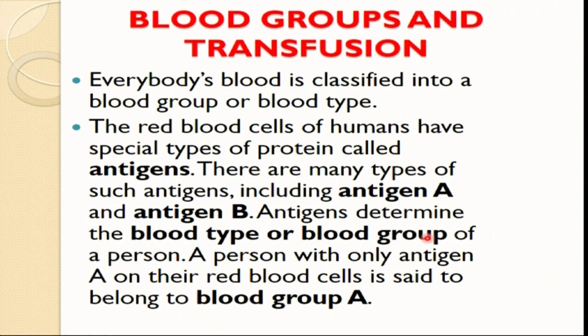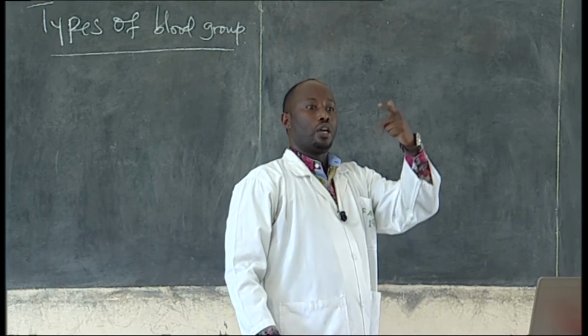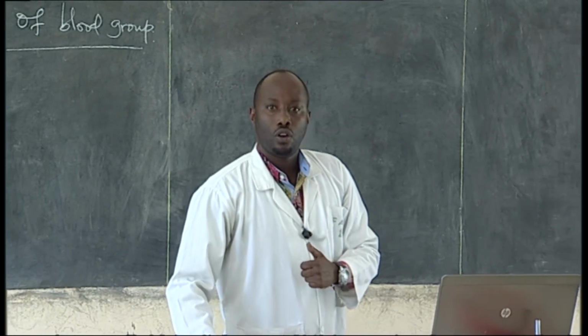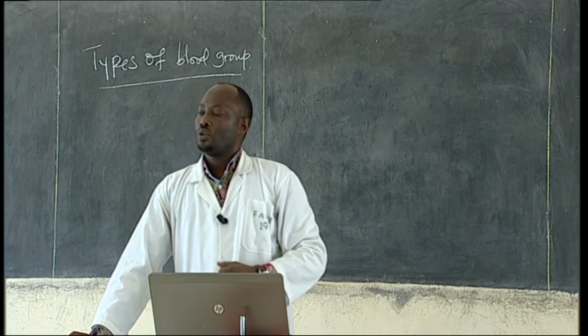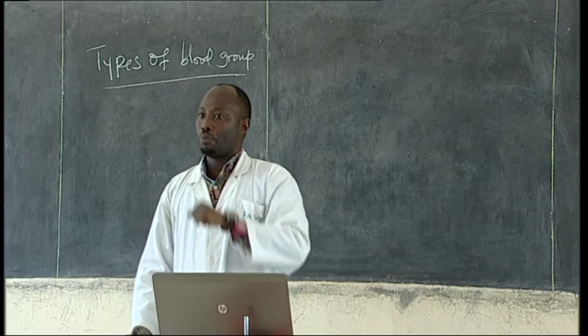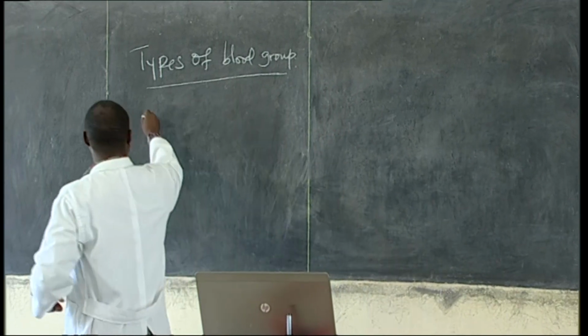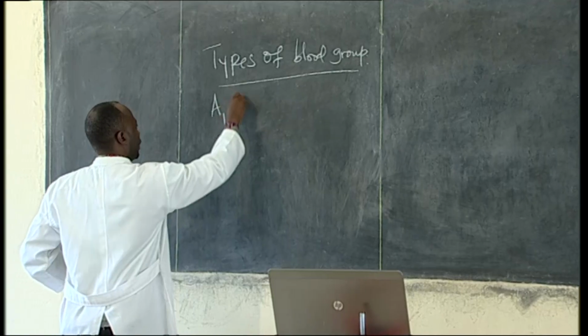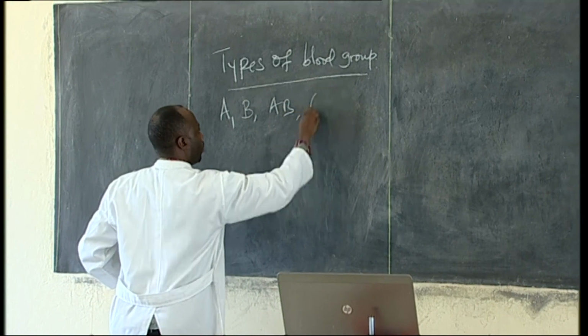I know all of you, either in your family, some of you know the types of blood groups that you possess, and also the type of blood groups of your relatives, your siblings. We have almost 4 types of blood groups. We have blood group A, we have B, we have AB, and we also have O.